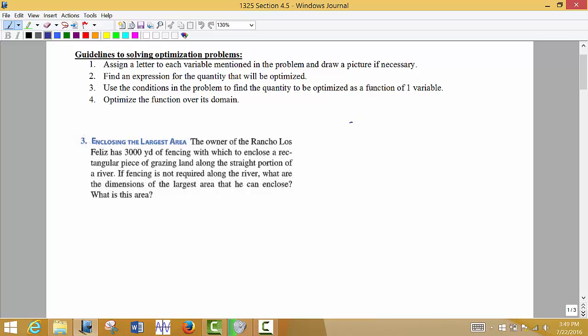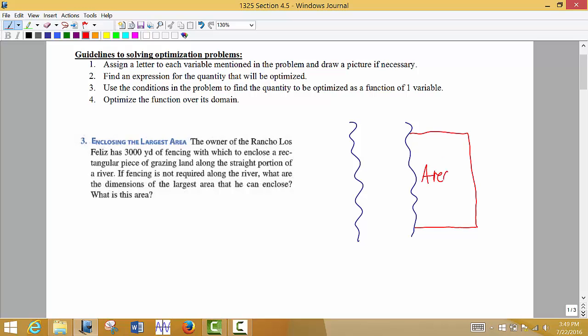So we're going to have this river, and we want to enclose a little fence section, and it's rectangular, but we don't have to have a fence along the river. So the fencing is not required along the river. What are the dimensions of the largest area that he can enclose? So we want to figure out what is the largest area that I can enclose if I only have 3,000 yards of fencing.